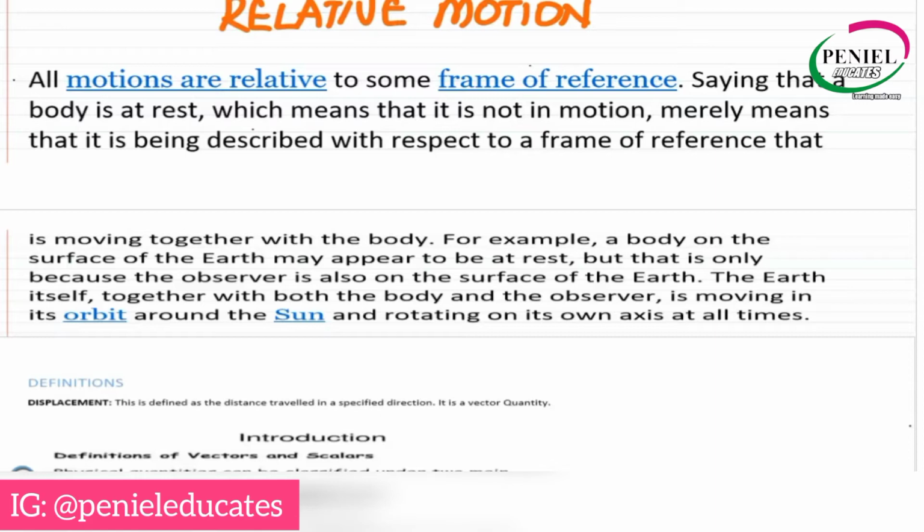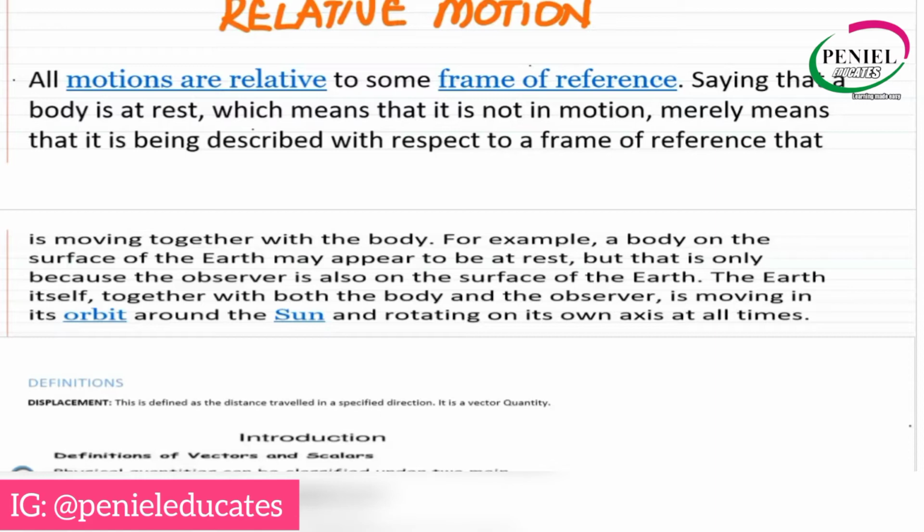For example, if you are sitting in a train traveling past your friends standing on a railway platform, you will discover that there is a relative motion or separation between you and your friend. You discover that you are moving and your friend is moving backward.